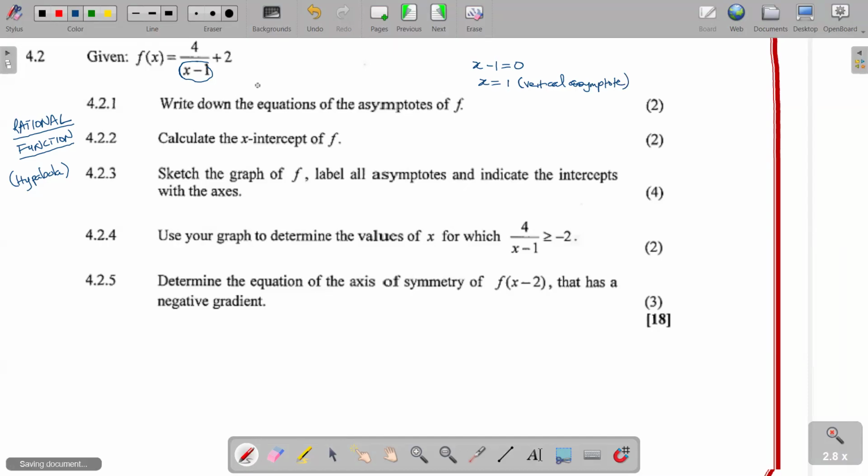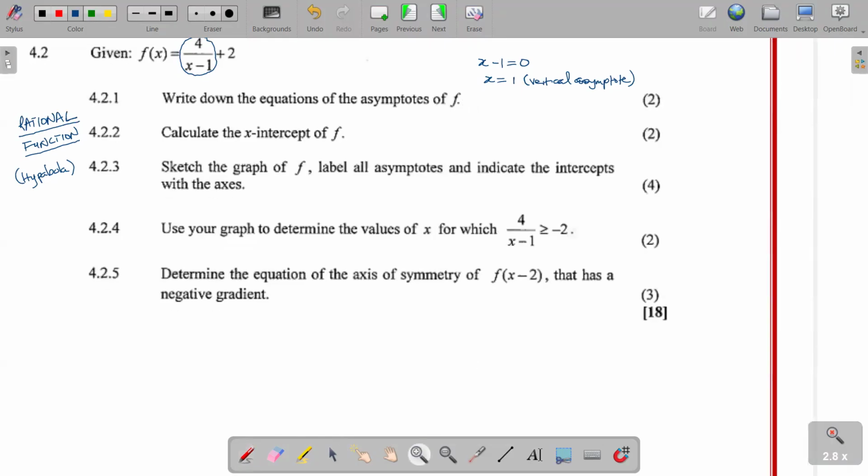Then to get the second equation of asymptote, you have to treat this whole fractional part as a 0. When you treat the whole fractional part as a 0, this is going to give us y equal to, take note, this f(x) is the one which we take as our y.